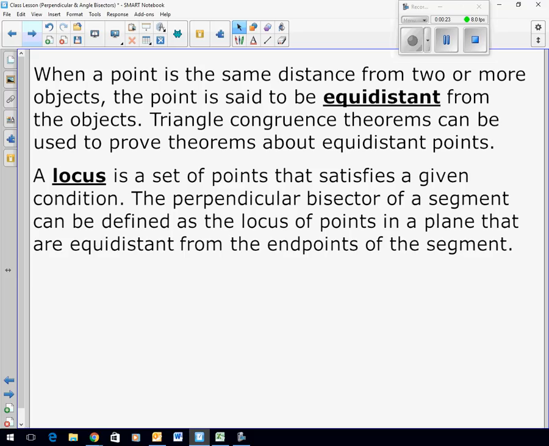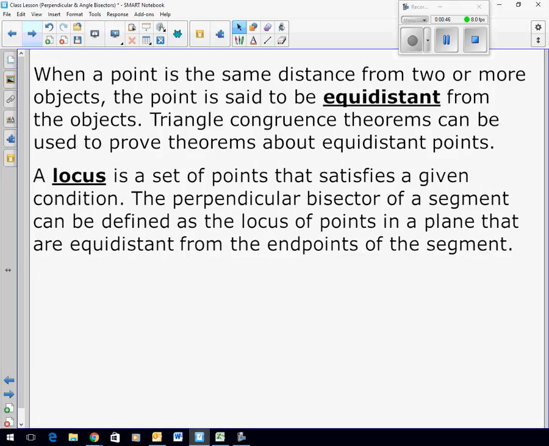Alright guys, so first up, when a point is the same distance from two or more objects, the point is said to be equidistant from the objects. There's this little root word again, prefix if you will. Equi, meaning equal, right? Third time we've seen it in two days. It's meant the same thing every time.